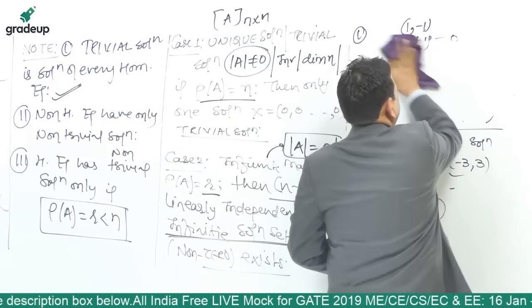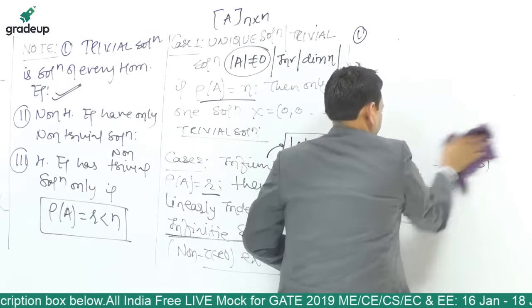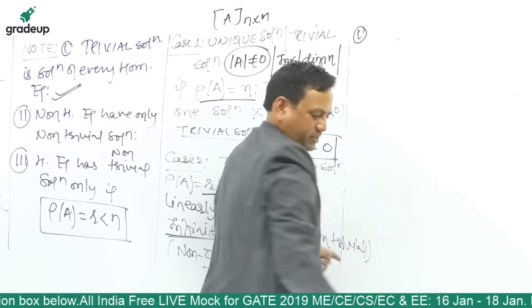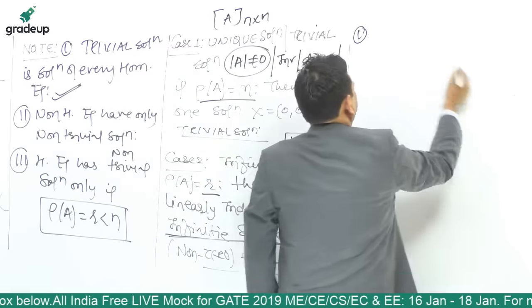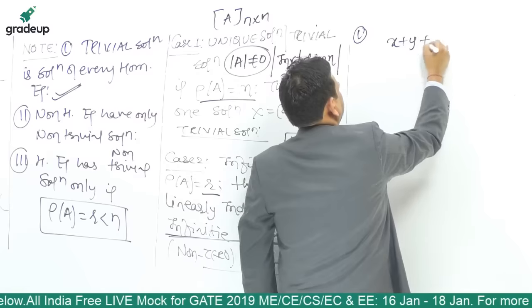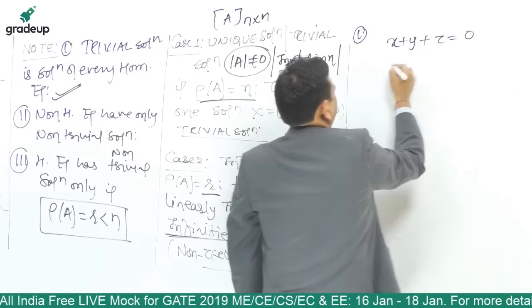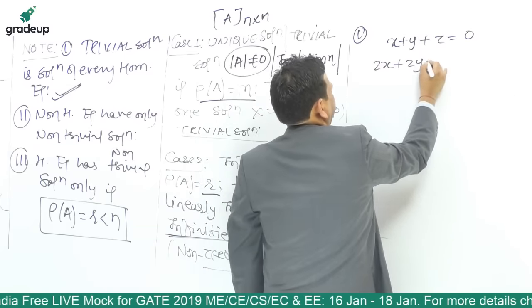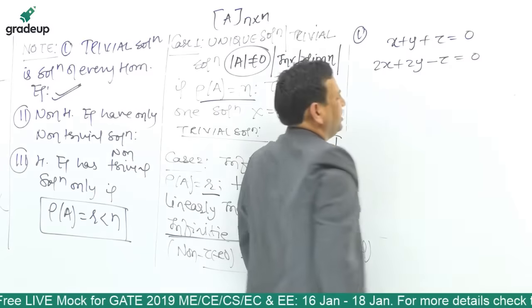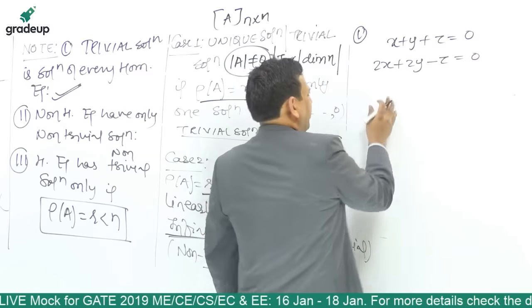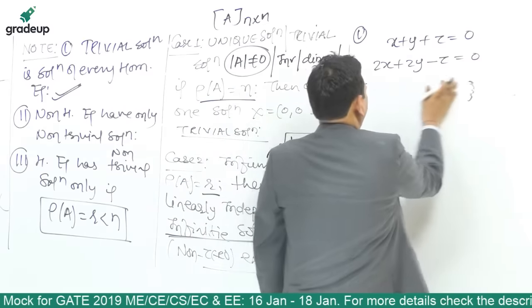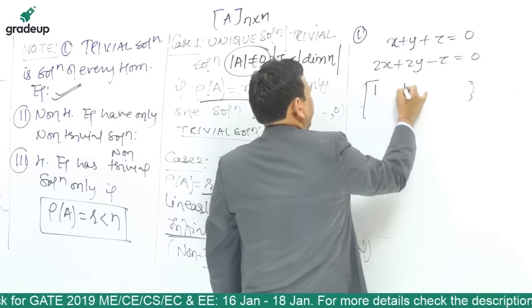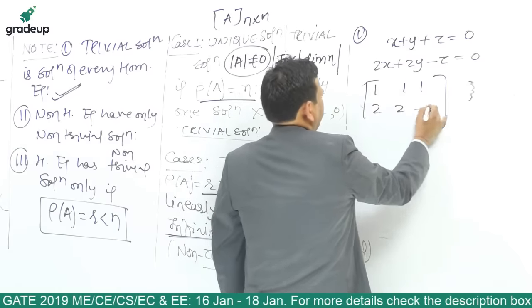Let's see the second case. Suppose somebody says x plus y plus z is equal to 0, 2x plus 2y minus z is equal to 0. If I add these two, what do I get? Now what is A? [1, 1, 1; 2, 2, -1].